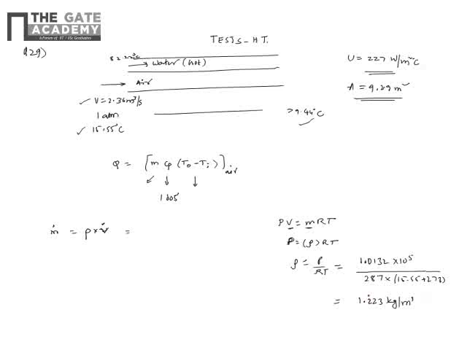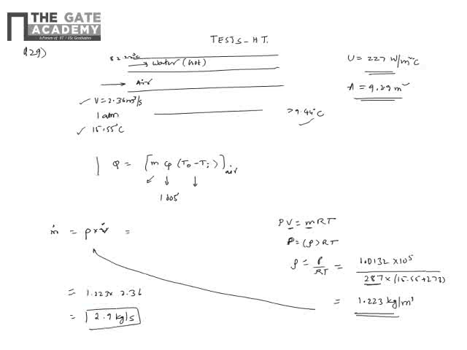This 287 is in joules, not kilojoules, so joules per kg Kelvin. Using this density, 1.223 into the volume flow rate 2.36 meter cube per second gives 2.9 kg per second, the mass flow rate of air.